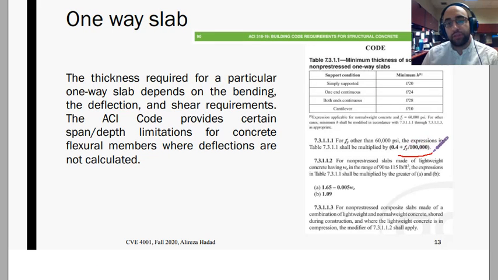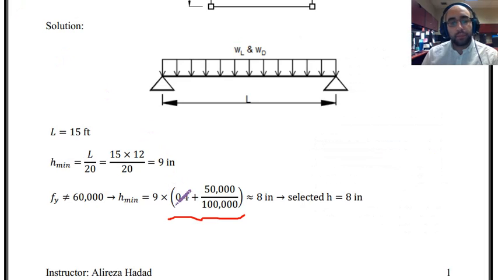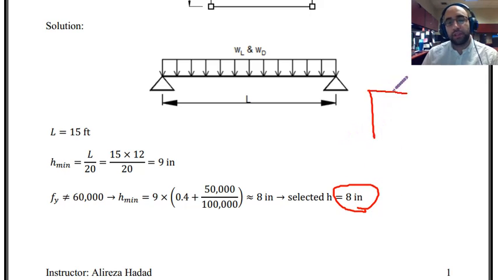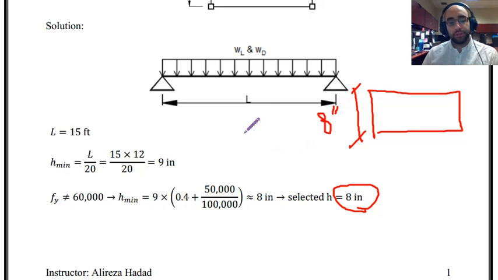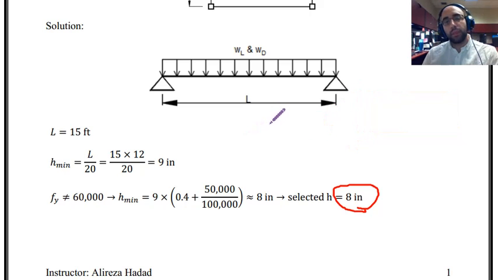This is 0.4 plus Fy over 100,000. 0.4 plus Fy, which is 50,000, over 100,000. And as you can see, this value is about 8 inches. So I'm going to pick 8 inches as the height of my slab section. This is the slab section, and the height is equal to 8 inches.